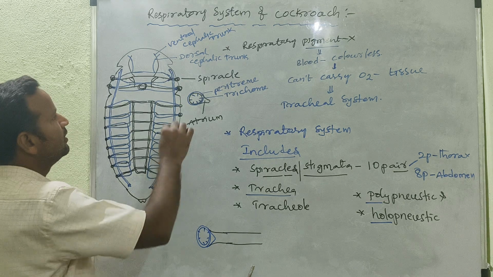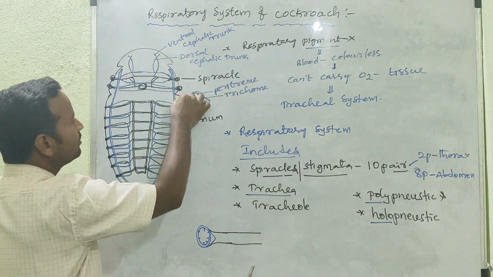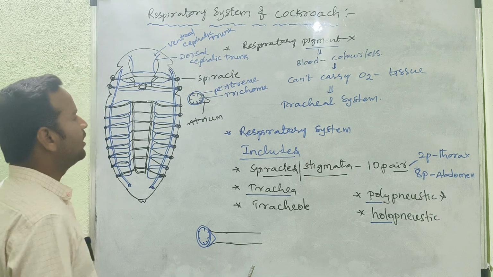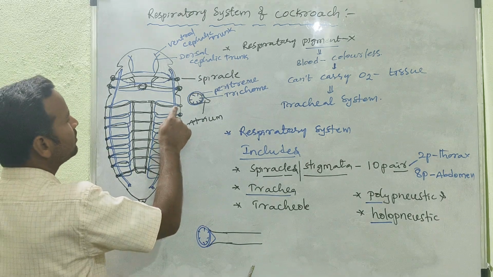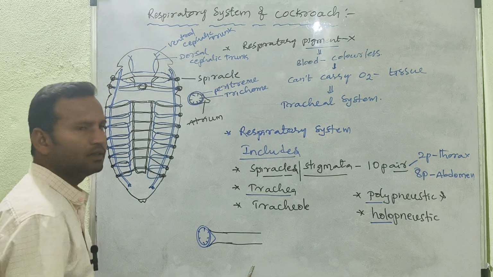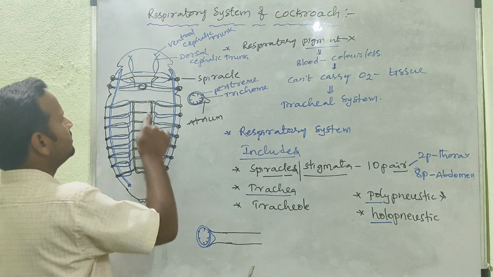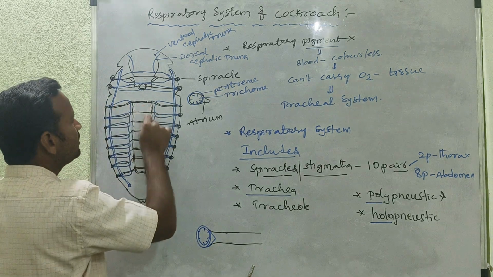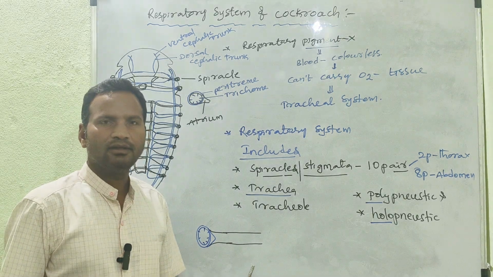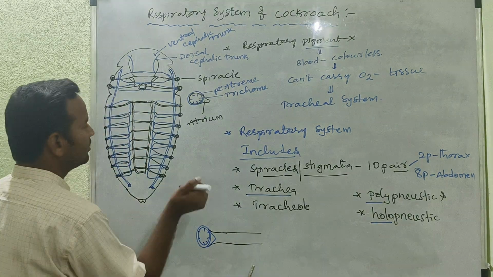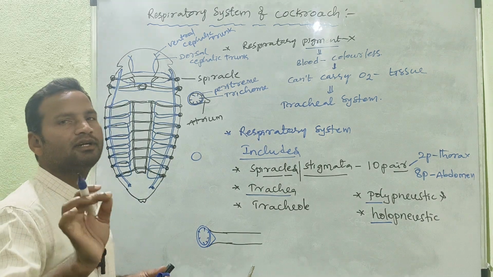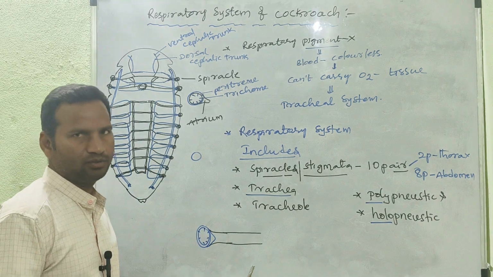They are the lateral longitudinal trachea, and this is what? Dorsal longitudinal trunk, and this is what? The ventral longitudinal trunk. Got it? What I am saying here, for example, here it is also a spiracle, but it is located in the abdomen region of the cockroach.